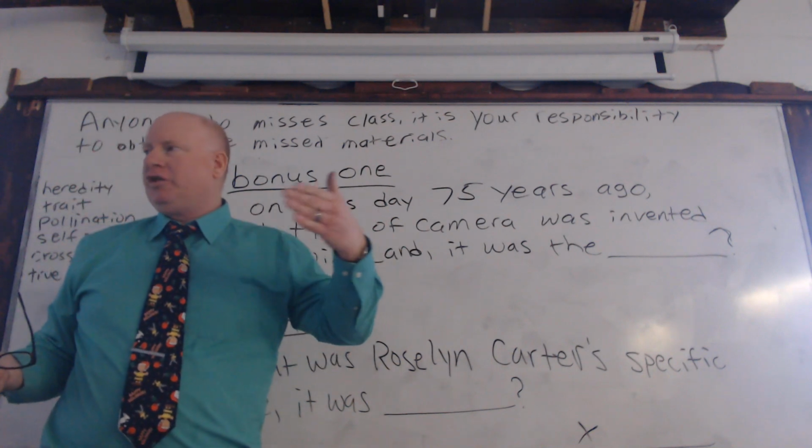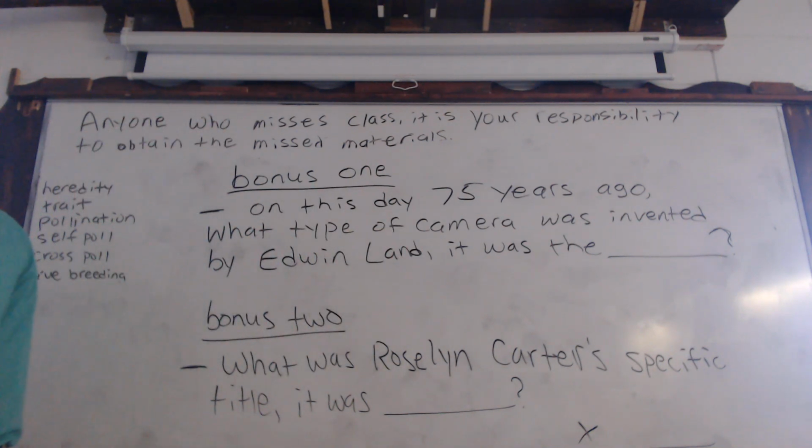Oh, I'm sure there's multiple Rosalind Carters, but as far as what is happening this last 2 weeks, Rosalind Carter has a very specific title, okay? And then in the other one, Edward Land invented a type of camera 75 years ago today. What type of camera was it? I don't know. We know the second one. Kind of shows my age. Okay. So, all right.